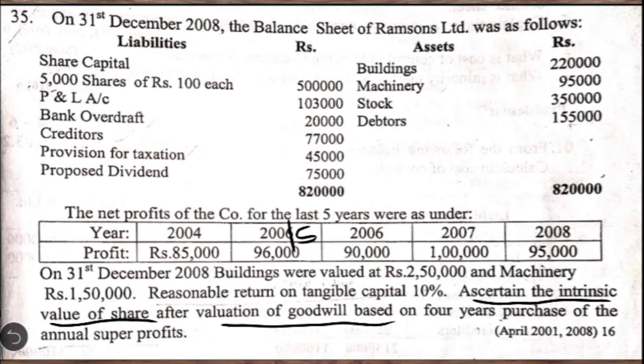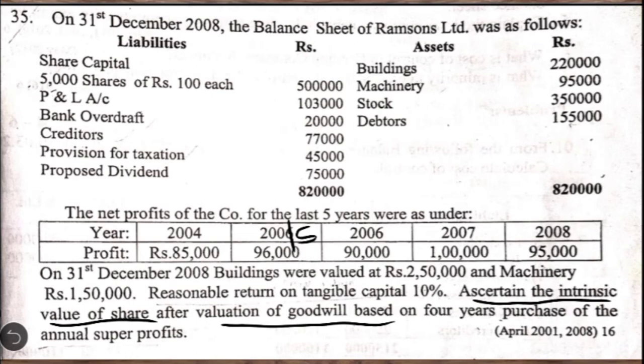Normal return is calculated at normal rate of return on the average capital employed. Then we calculate what is the adjusted average annual profit. Fifth step, we calculate what is the super profit, and in the sixth step we calculate what is the value of goodwill. So all these 6 steps have to be followed here to calculate the value of goodwill. So let us complete the working note, then let us discuss about the calculation of intrinsic value.